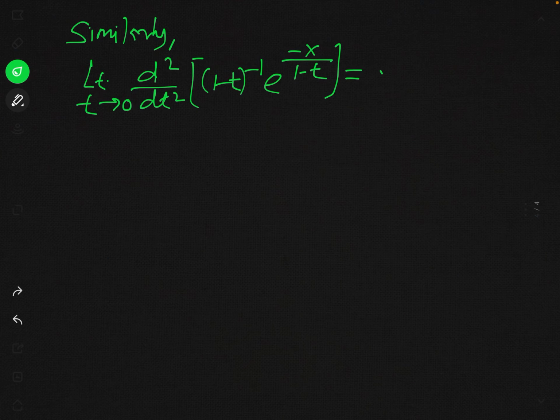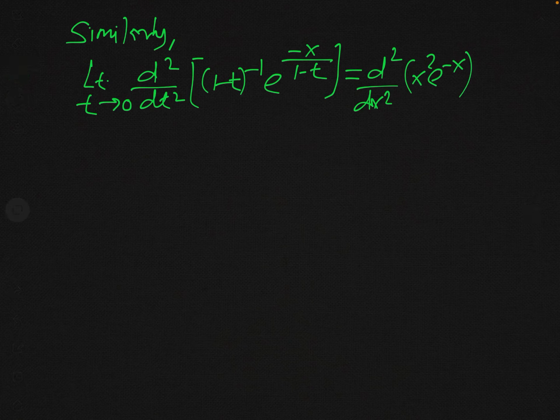So this will be d2 dx square of x square e raised to the power minus x. So in general, you can write the expression for n.